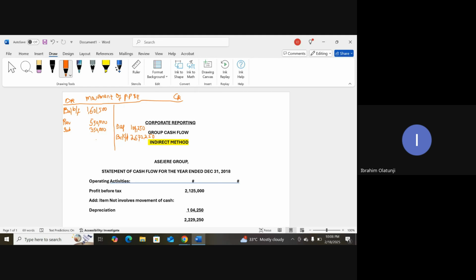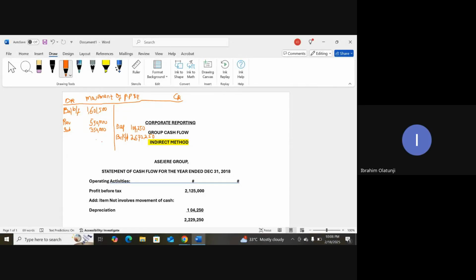So the remaining balance is actually the amount that we paid for the new assets acquired. The remaining balance is 275,000.